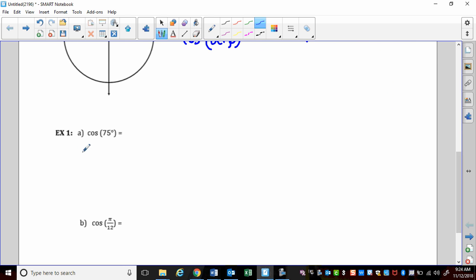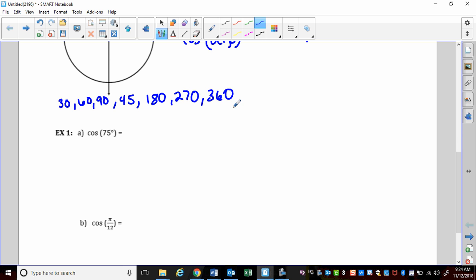Say we're asked to find cosine at 75 degrees and we're not given a calculator. All we know is 30, 60, 90, 45, 45, 90, and the axes. So we can also find cosine at 180, 270, and any multiples of 360, which we can do 0 or 360 is fine.